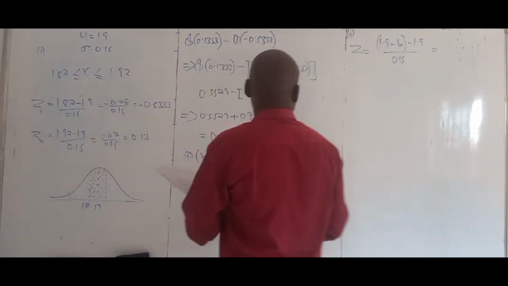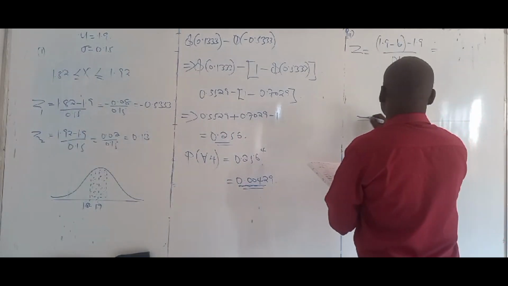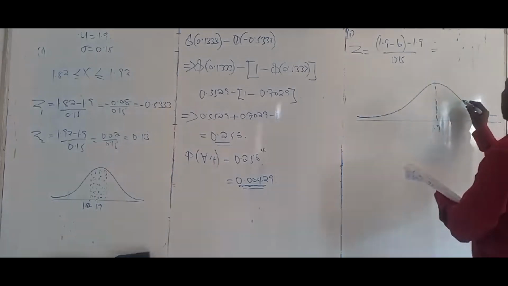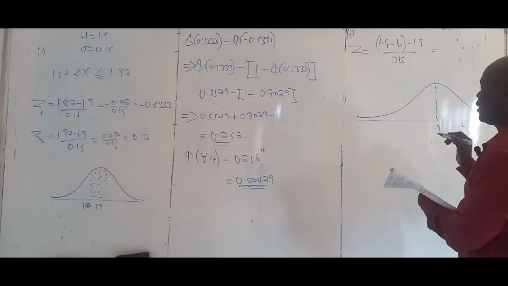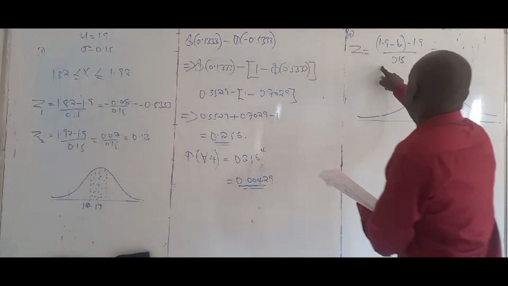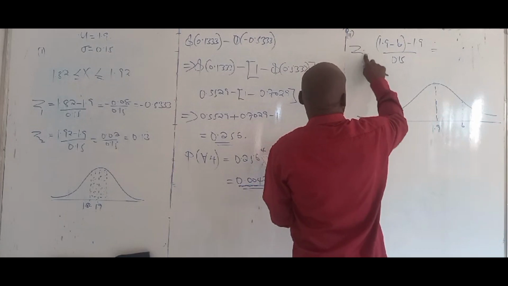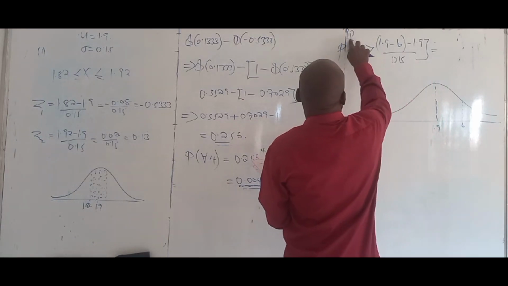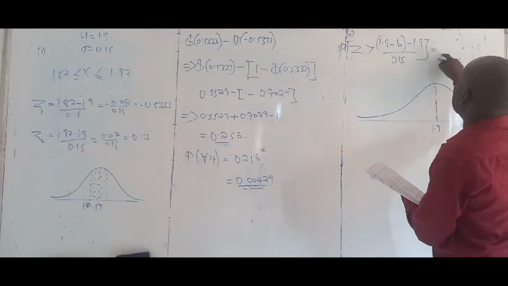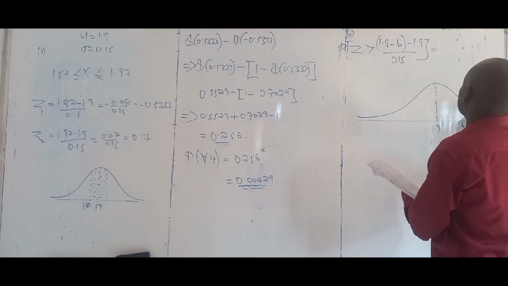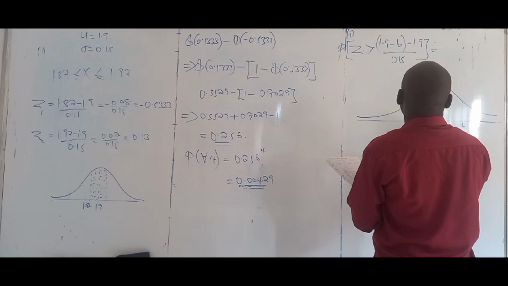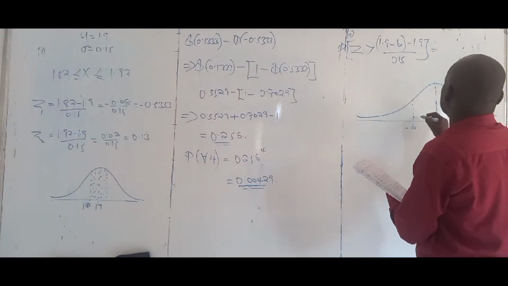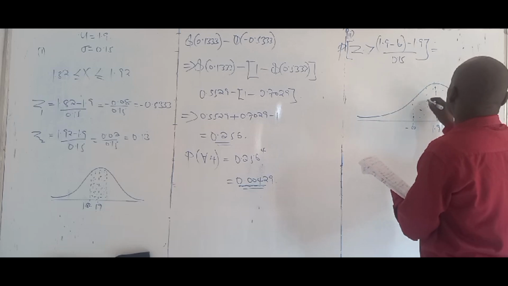the same way we drew it here. It just means that if that's the curve, and at this point we say this is the mean, which is 1.9, and here we say is B. Then it will mean that the probability that Z is greater will be given by this shaded part here, because here we have this is B and this is minus B. So this shaded part here is 0.8.